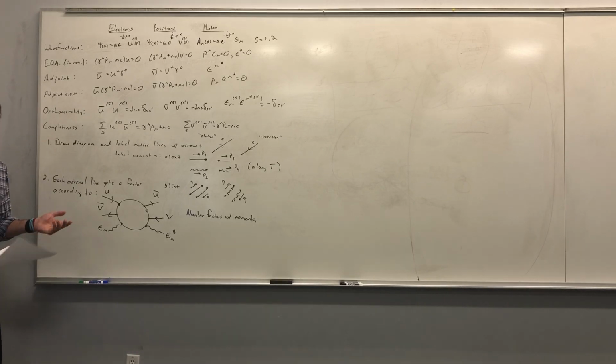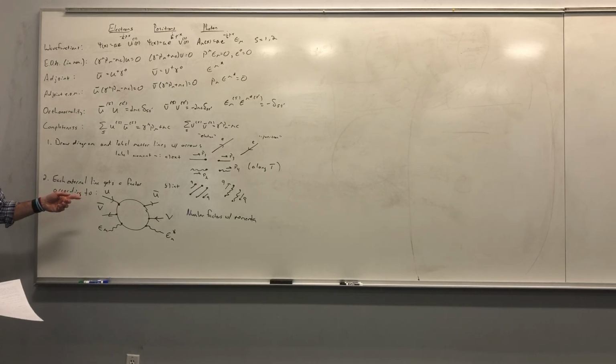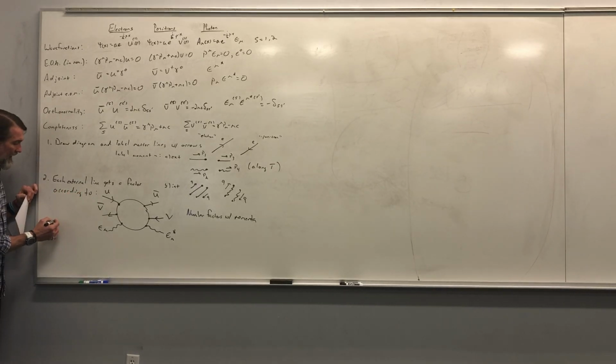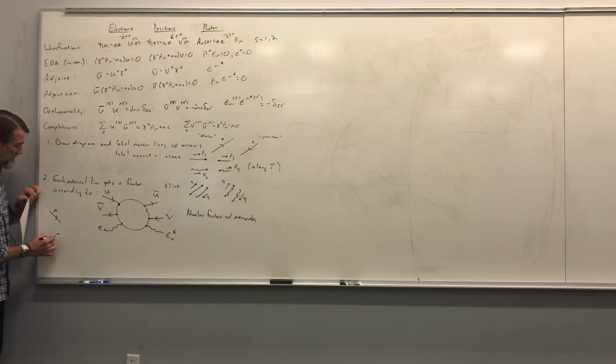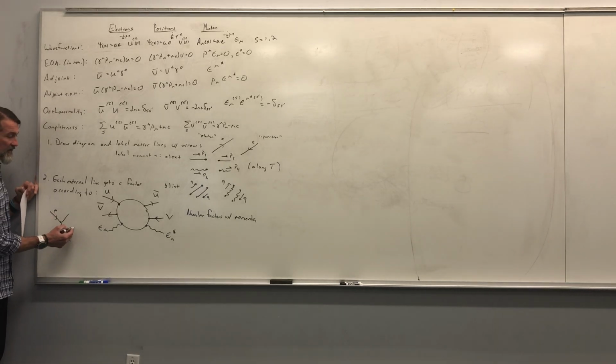Well, it's kind of simple. We might have a diagram that involves two incoming electrons. For each of these incoming electrons, I'm going to have to write down a factor of U. Somehow I'm going to have to designate one of the U's with this and one of the U's with this.